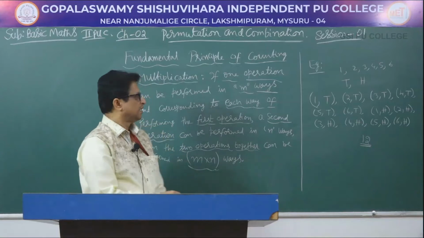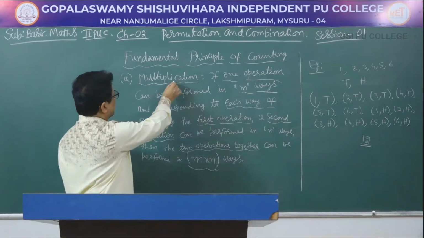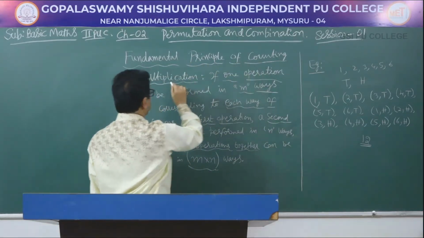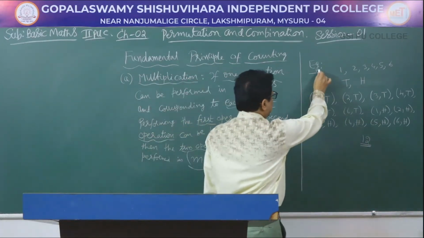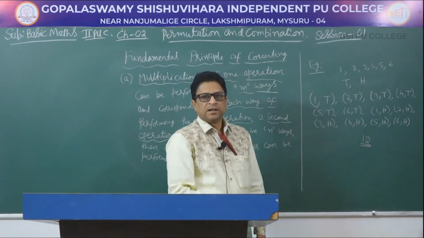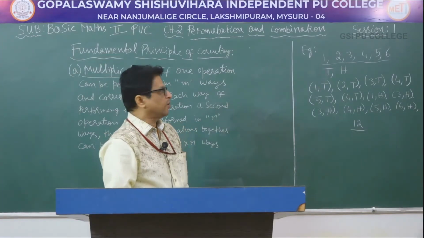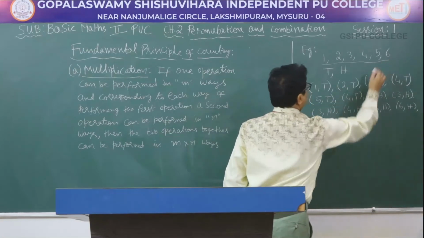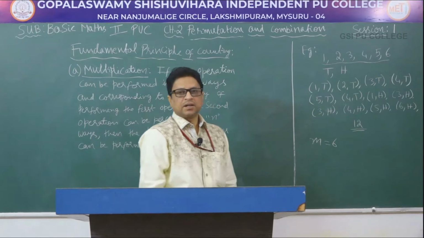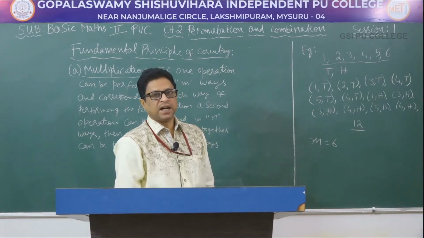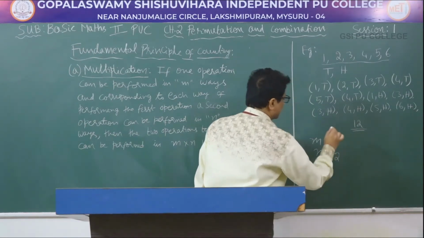In short method, we can find the number of outcomes by using this fundamental principle of counting of multiplication. Here in this case, first a die is rolled once. When a die is rolled once, we have 6 possibilities, that is, m is equal to 6, and when the coin is tossed once, there are 2 possibilities, that is, n is equal to 2.